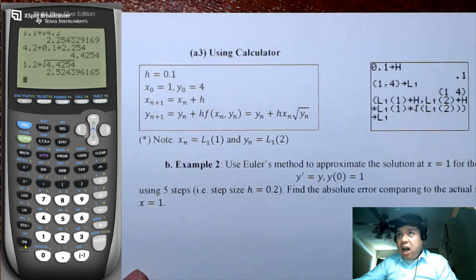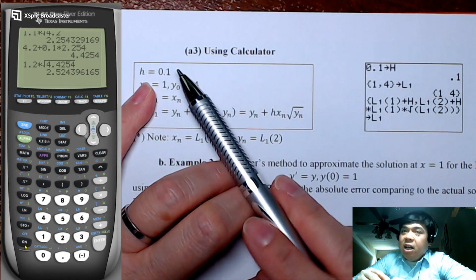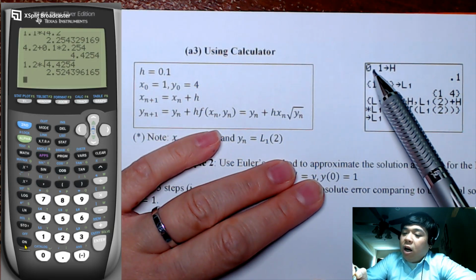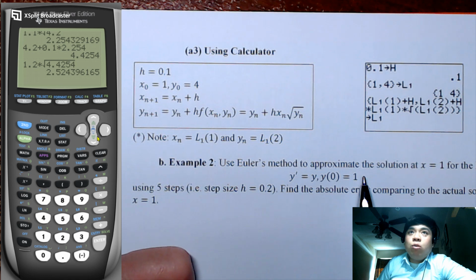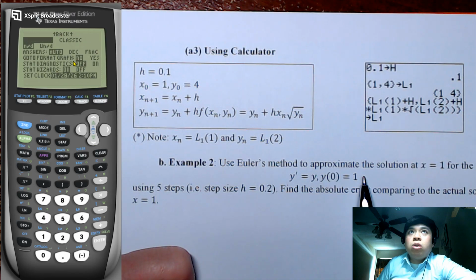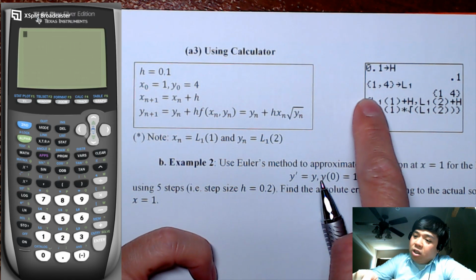How do we enter that on the calculator? Instead of writing h equal to 0.1, we have to store 0.1 into h. By the way, for this calculator, I have to do this real quick. Just make sure that it is in classic mode. That means that whenever we type the line, we just keep going on.